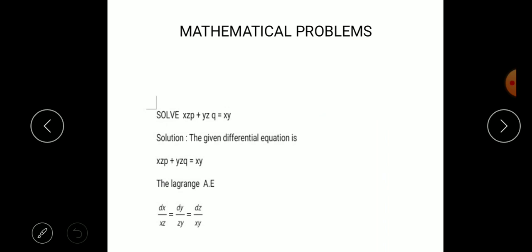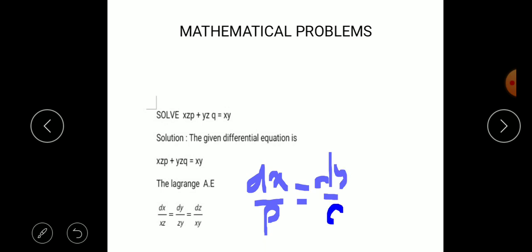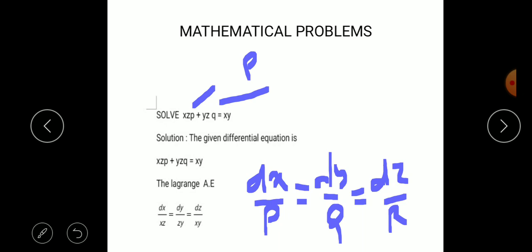So we know that this is equal to dx upon P equal to dy upon Q is equal to dz upon R. Okay, so here clearly the term P is equal to xz, Q is equal to yz, and R is equal to xy.